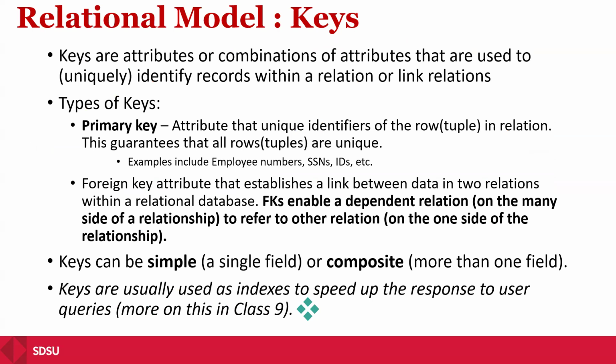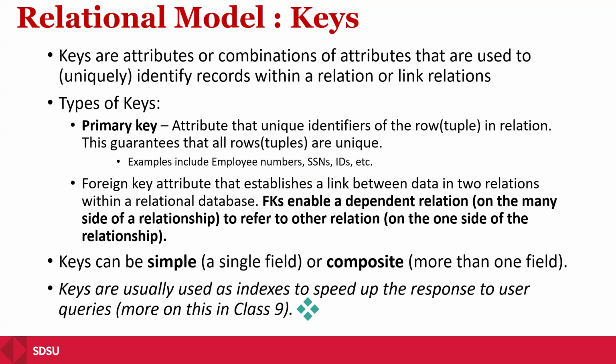So keys. Keys are attributes or a combination of attributes, can be multiple attributes, that identify specific records within relations or help us connect relations together. Within the relational data model, we have two different types of keys.